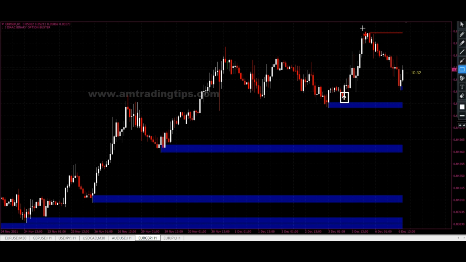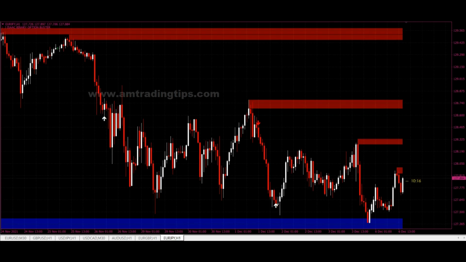Here is perfect sell and buy trade setup. Here is perfect sell trade setup.